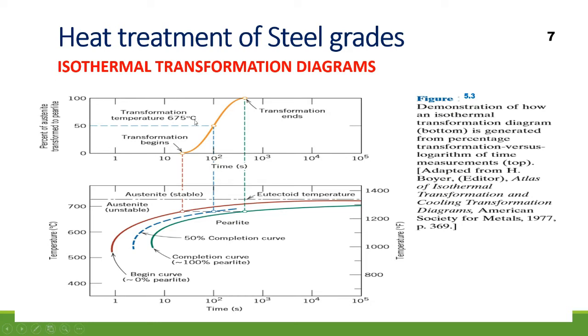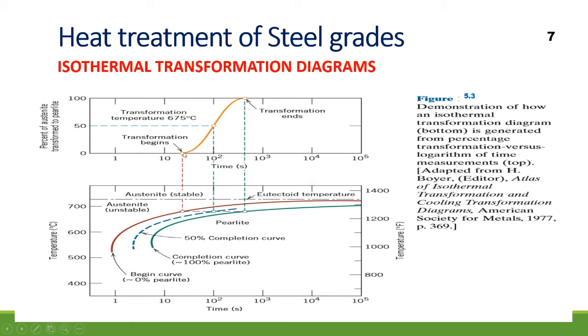That means when I was cooling my austenite, I held the whole sample at this particular temperature, 675, and when I held the whole product at 675 degrees Celsius, I got this S shape.